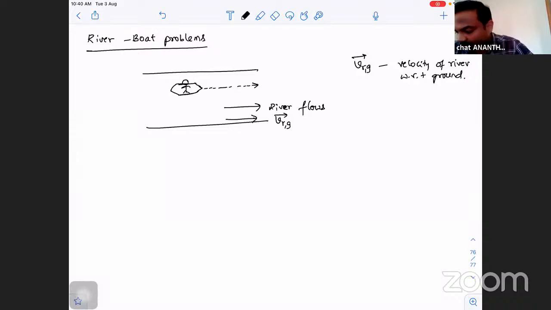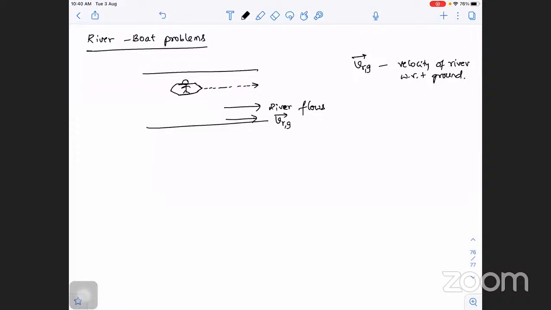If any person is there inside, then what is the river velocity as seen by the person? All of you answer this. Now nobody is rowing the boat, nobody is driving the boat. So please think once again.